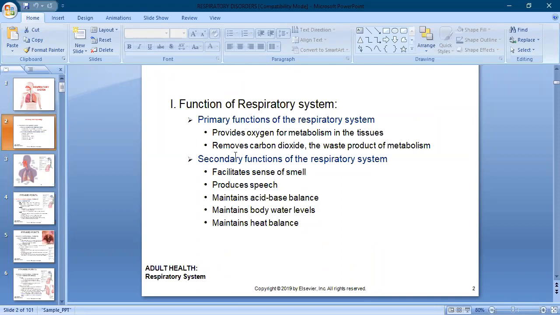The main function of the respiratory system, definitely everybody knows that, is to help in inspiration and expiration. So during the respiratory cycle, it provides oxygen for metabolism in the tissue and removes carbon dioxide, the waste product of metabolism.